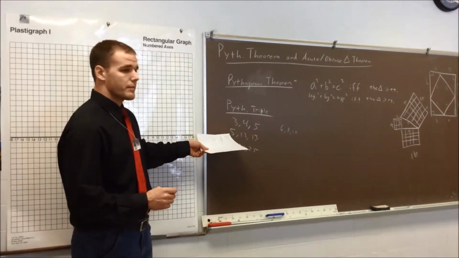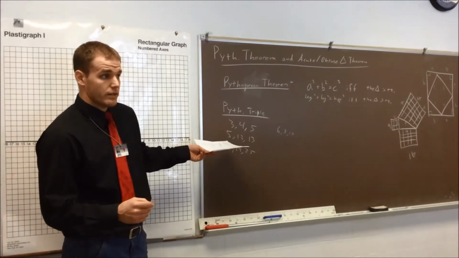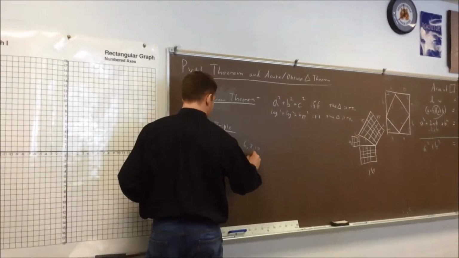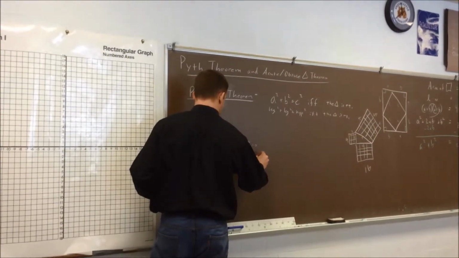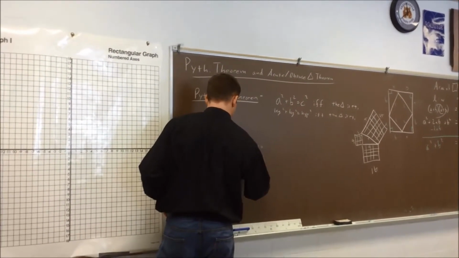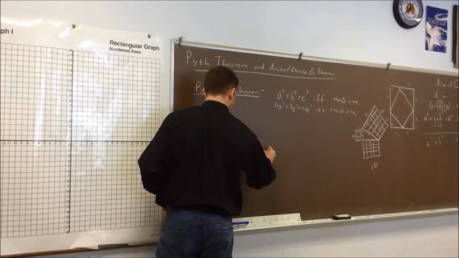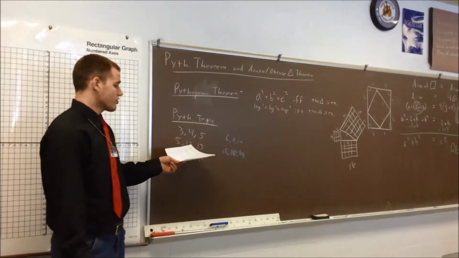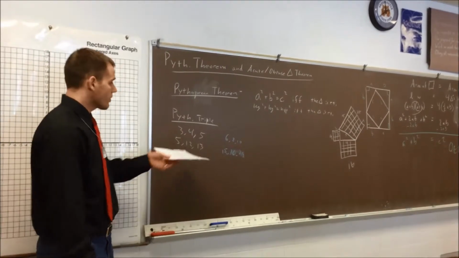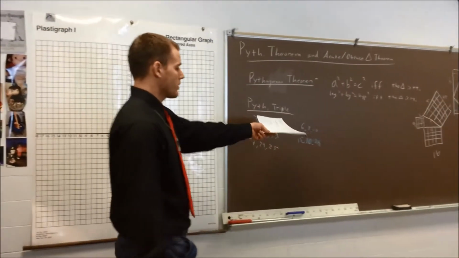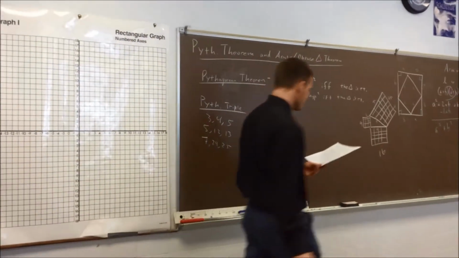We can multiply everything over here by 3, so this would be 15, 24, 36, 39. We can multiply it by 2, so it would be 10, 24, 26. So those are some Pythagorean triples as well. A squared plus b squared will equal c squared for these.